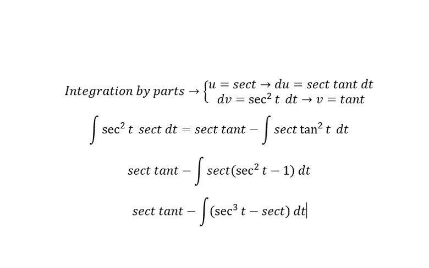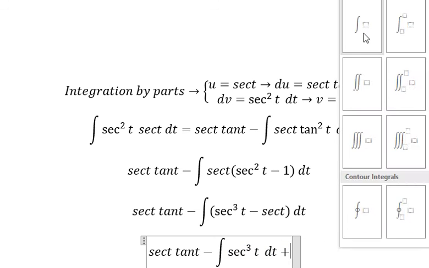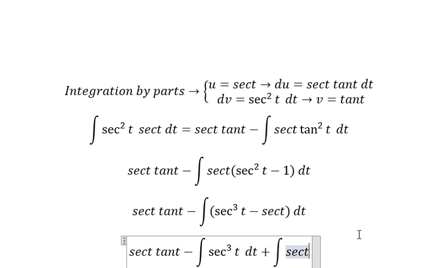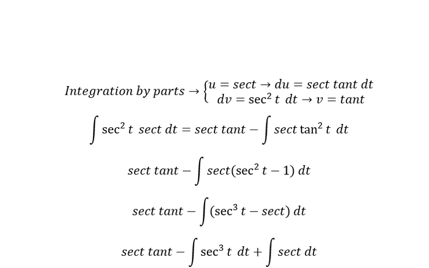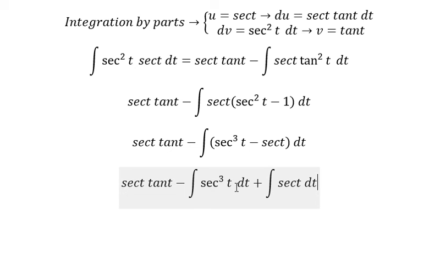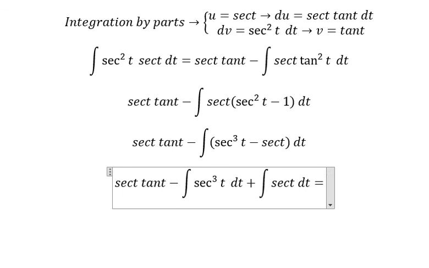So this one we will have two integrals in here. The first one, that's the integration of secant of t to the power of 3 dt. And the second one, that's positive secant of t dt. And we know that everything in here equals this integration.